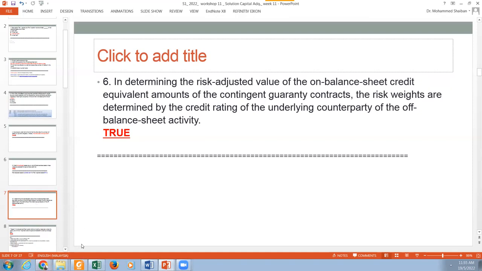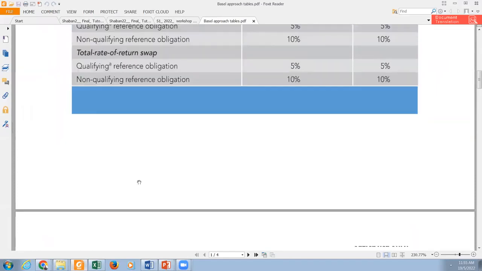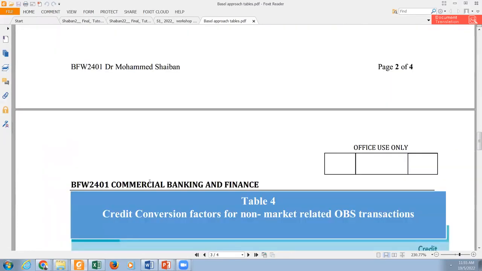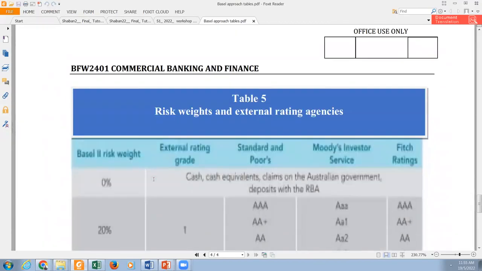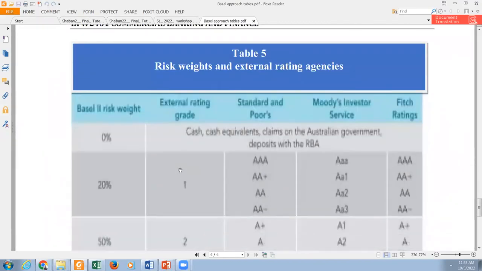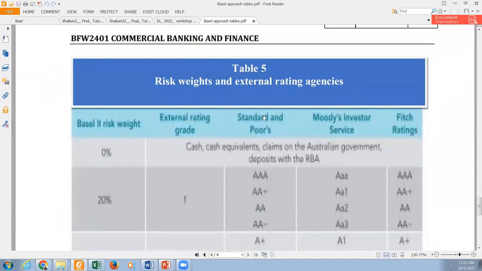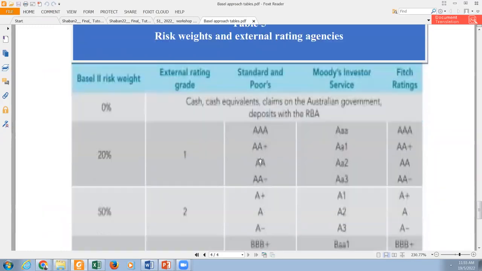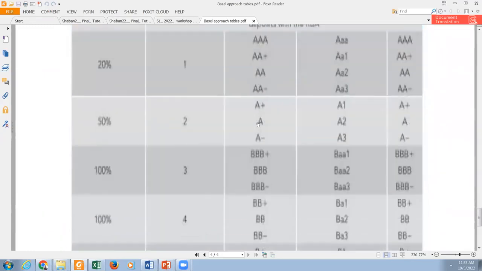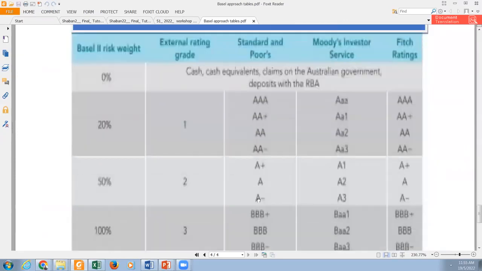And in table 5, as you can see here, when we have any contract, whether on balance sheet or off balance sheet, the rating agencies, Standard & Poor's, Moody's, or Fitch, provide the rating of the counterparty, whether it is a borrower, an issuer of bonds, a counterparty in a derivative contract, or even a customer taking an LC, letter of guarantee or letter of credit, whatever.